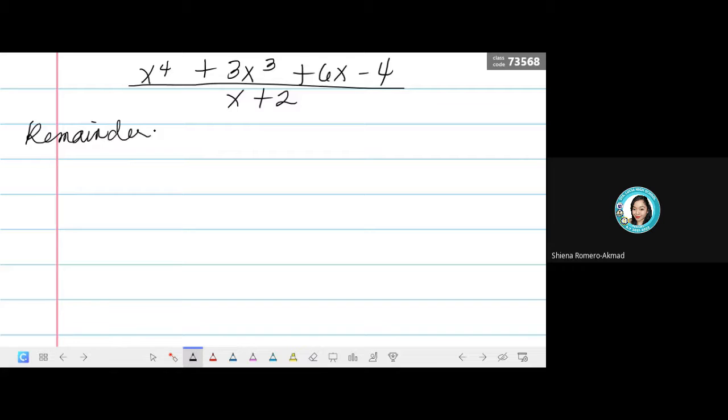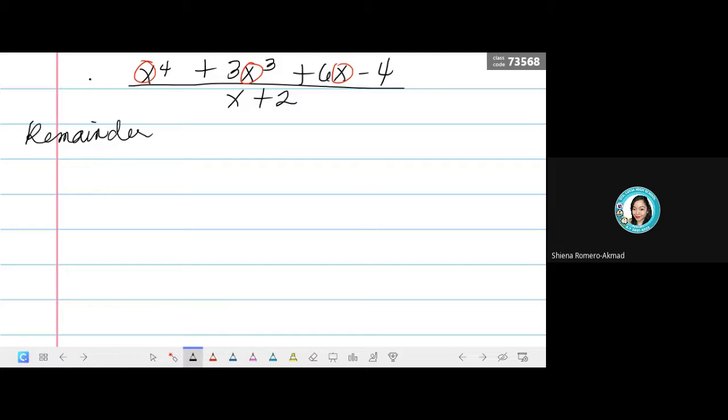So, hindi na natin kailangan mag-synthetic division kasi there is another way which is the remainder theorem. Kung saan, magsasubstitute ka lang dun sa variable x ng value ng x natin. Okay?